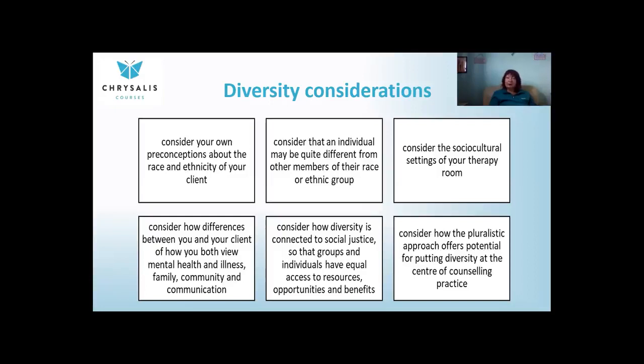And you need to be willing to discuss that in supervision and endeavour to learn and understand the experience of different clients and different client groups. So it's always important to keep learning about diversity.